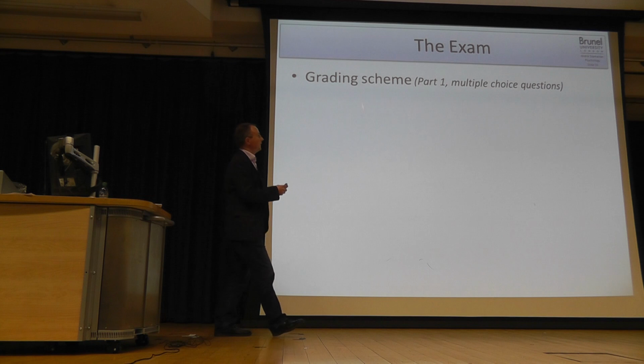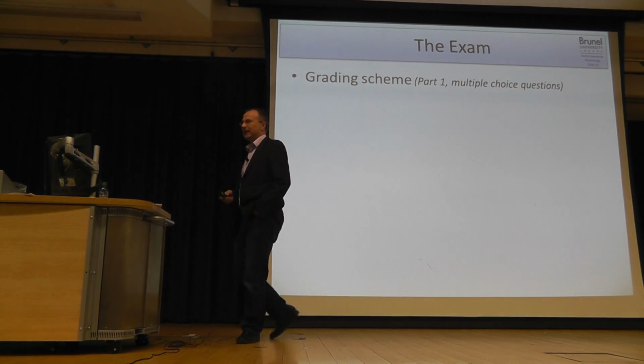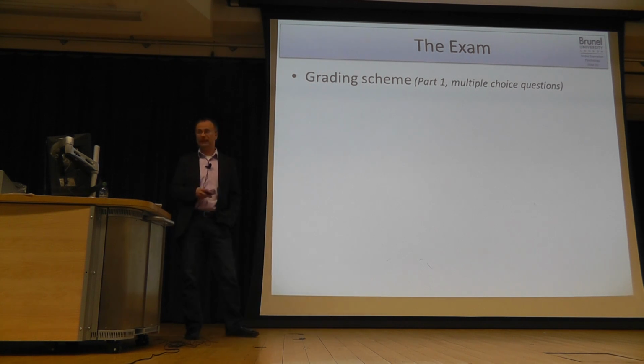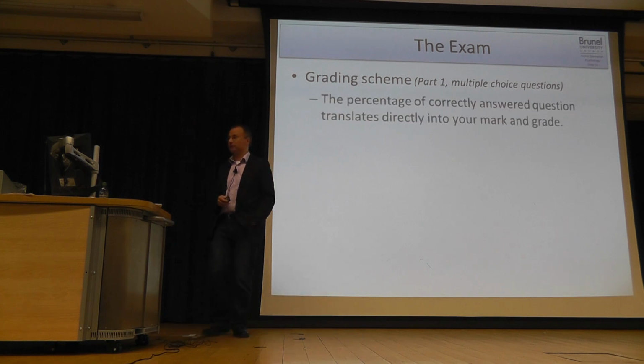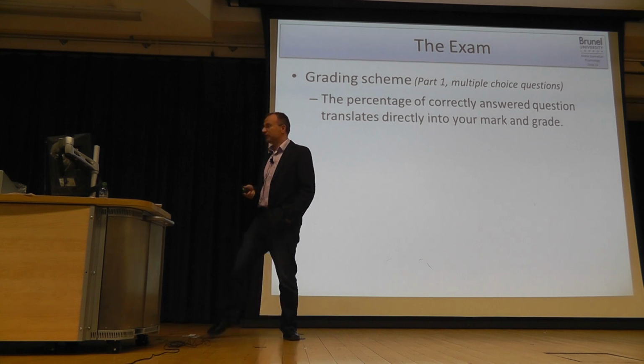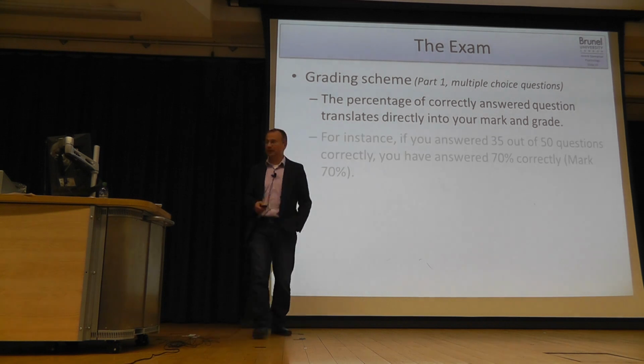Okay, how does the grading of the exam work? I said every part is 50%, but looking at that in a bit more detail. Going back to the first part, the multiple choice questions, this is pretty easy and straightforward. The proportion of correctly answered questions is directly transferred into your mark and grade.